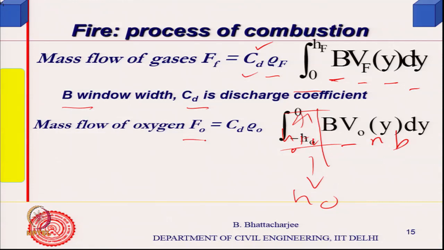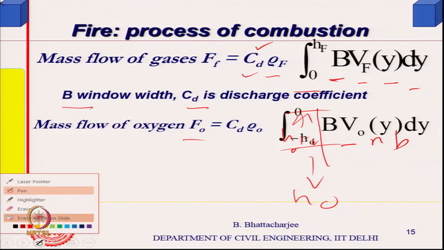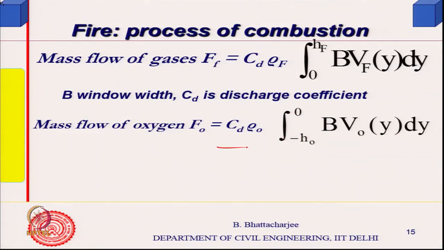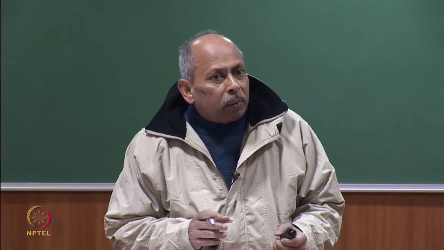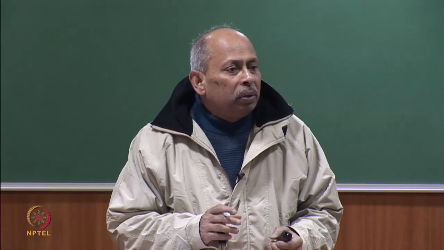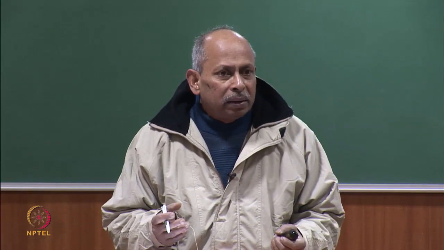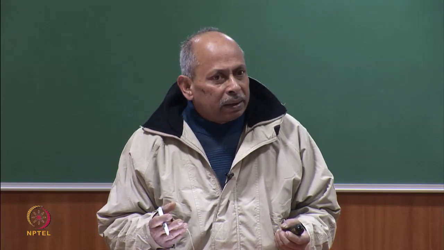Now, similarly, I can find out the mass flow of oxygen: CD rho 0, integral from minus h0 to 0, B times the velocity as a function of y, dy, and so on. Now, whatever air comes in must be reacting with the product of pyrolysis and producing the hot gases.